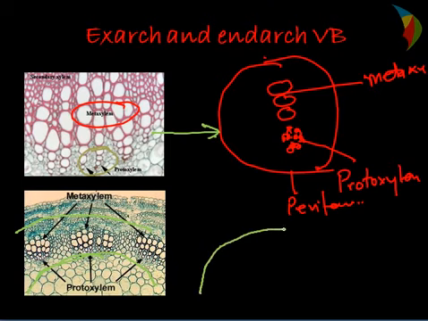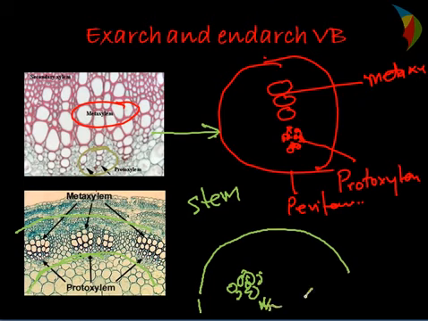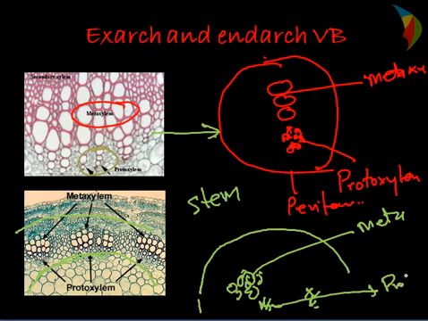So if this is the plant structure, in the case of stem, which is where we mostly find it, we have metaxylem, then we have phloem. This is the metaxylem and inside, towards the center, we have protoxylem.